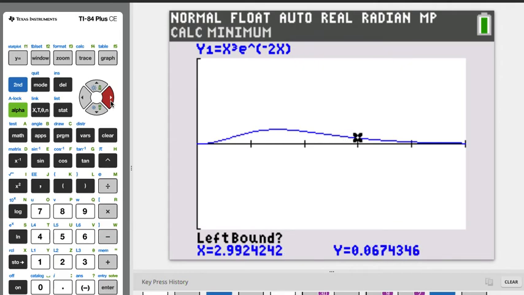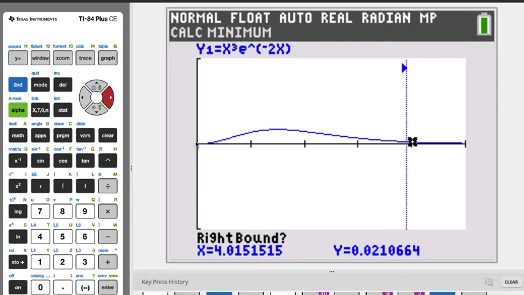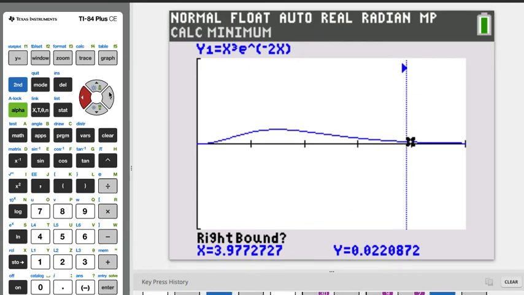If we can get that to fall right at 4, then we should be okay. So here's our left bound. We'll hit enter. I just don't know that we're going to get this to hit right at 4. See, it jumps right over 4. So we know because we have that right bound on our interval, we have to go to 4, but our calculator won't let us do that.